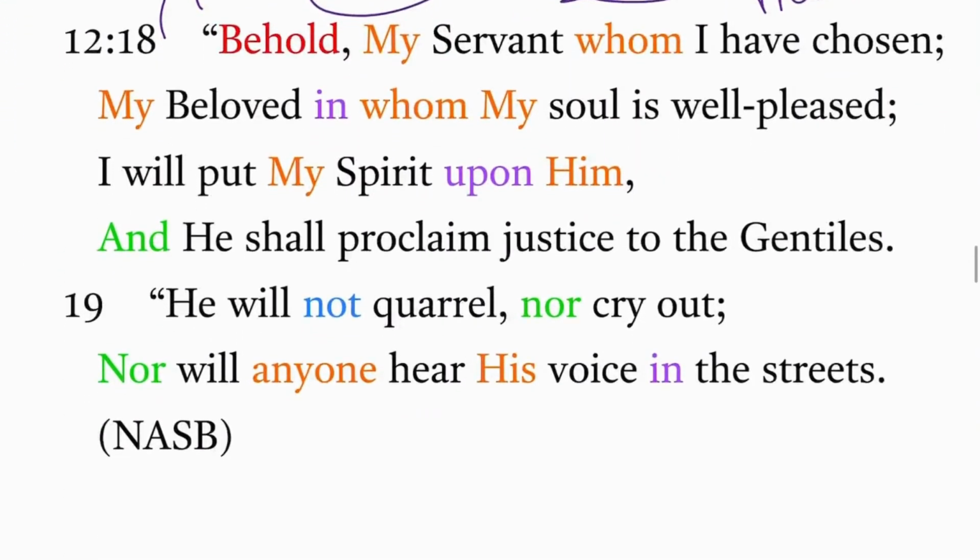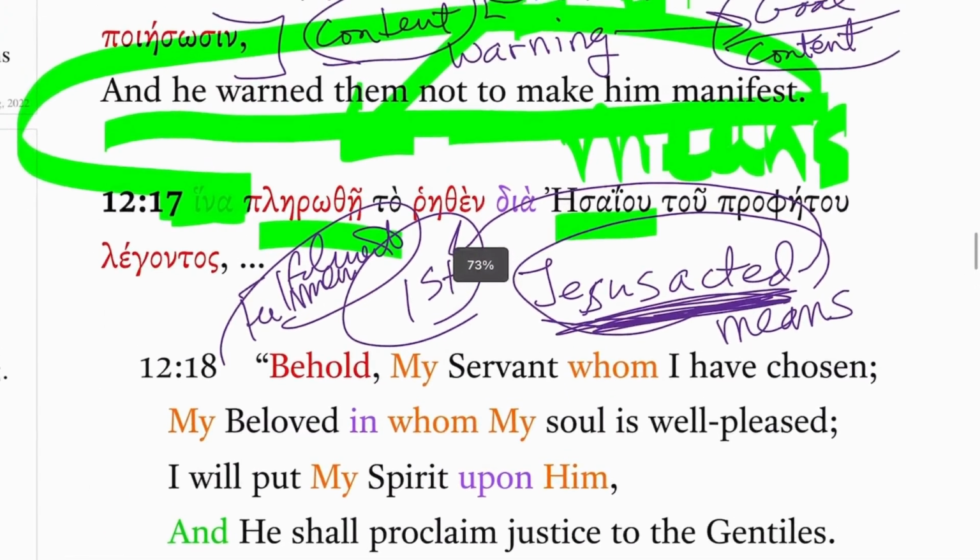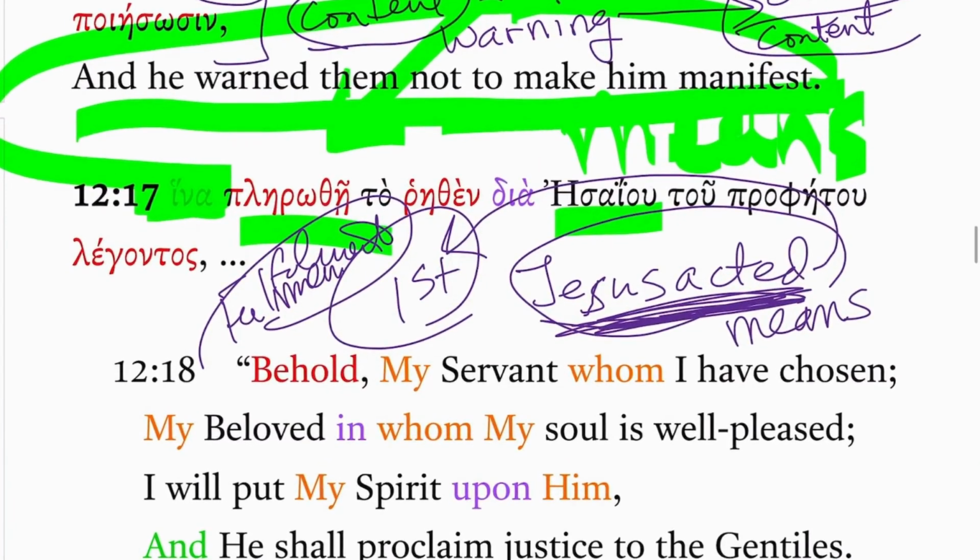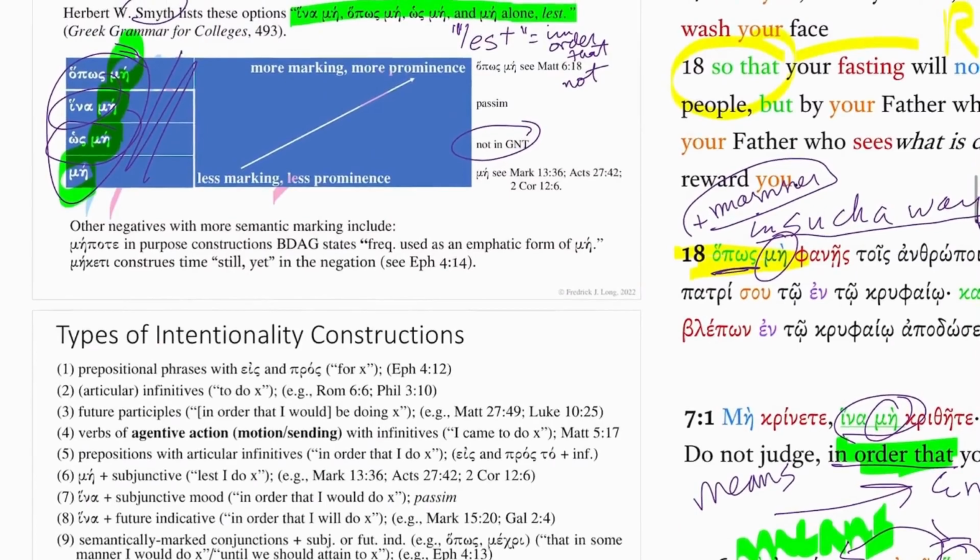So you have a piling up of things, and it's kind of interesting to think of how Jesus acted, how his actions serve as a means, and I think they serve as an observational means to look at scripture fulfillment.